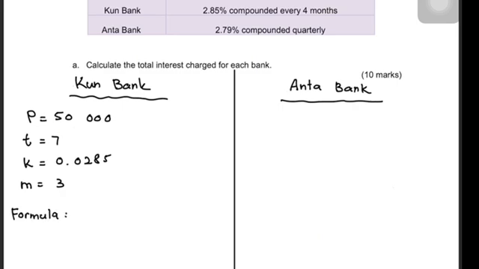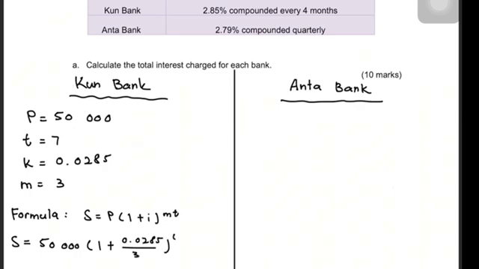So the formula we're going to use is S equals P(1 + K/M)^(MT). With our information, we can fill up the formula: S equals 50,000 times (1 + 0.0285 divided by 3), to the power of M, which is 3, times T, which is 7. So there you go.